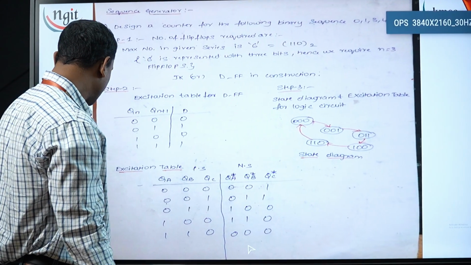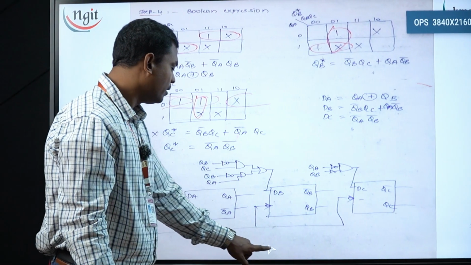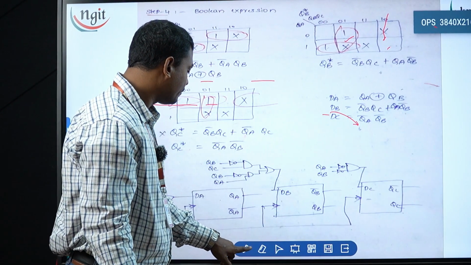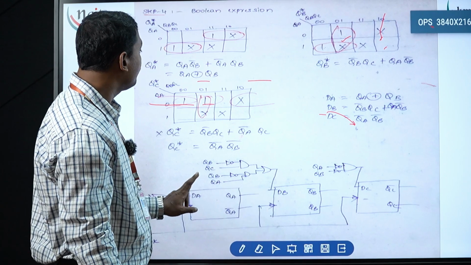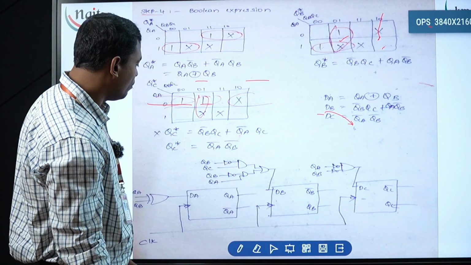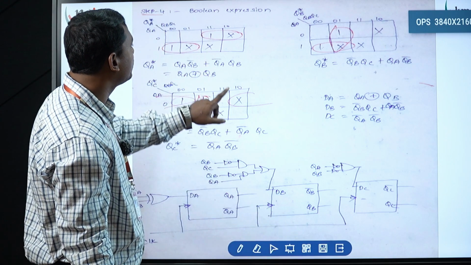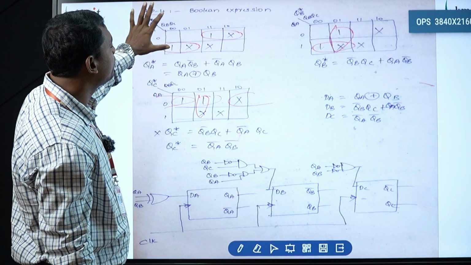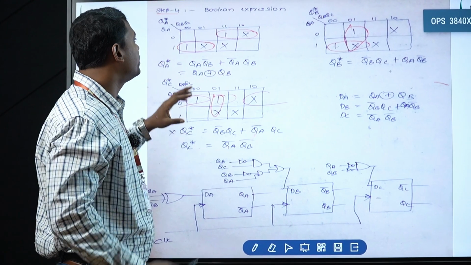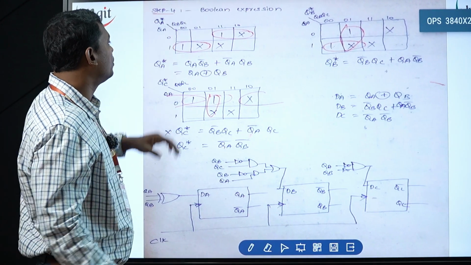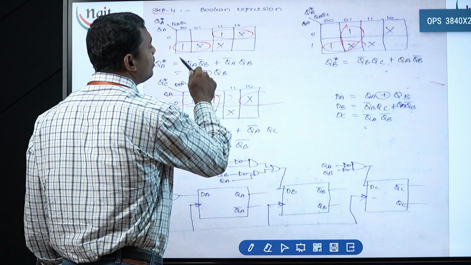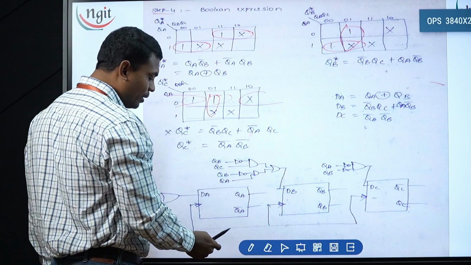Next, based upon this, we'll see how we construct the diagram. Now see here, this is the Boolean expression. The fourth step is the Boolean expression based upon the next state and present state, that is QA, QB, QC. I have taken all the values and the don't care values also. Why don't care values?